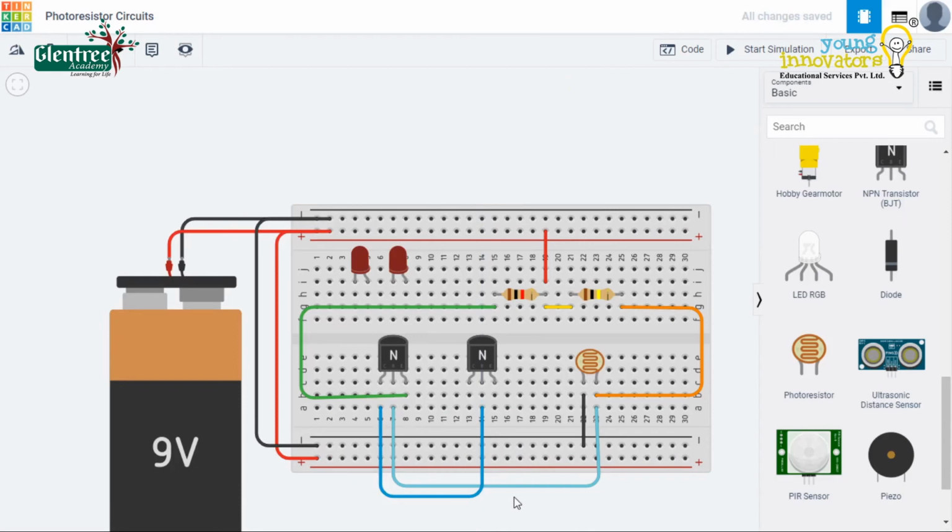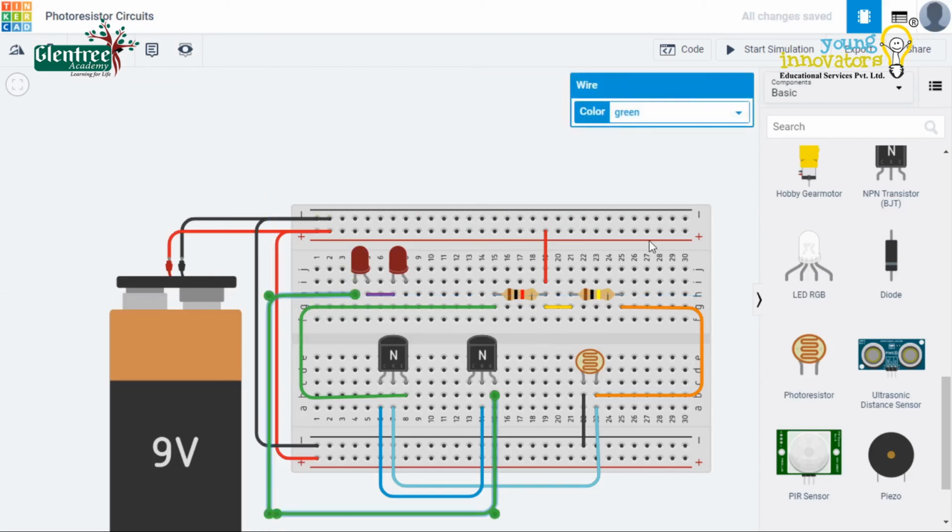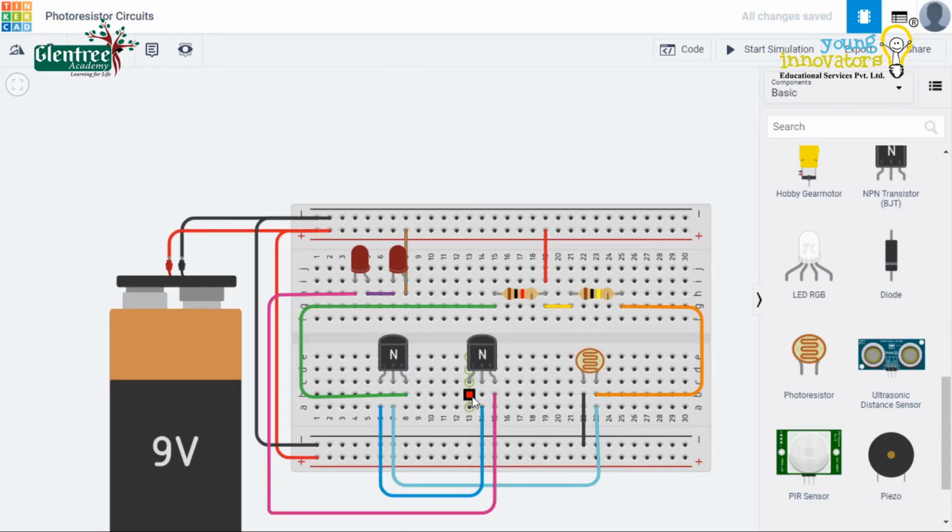The two LEDs used in the circuit are connected in series with each other, and the cathode is given to the emitter of transistor 1. The anode terminal is given to the positive end of the battery. The collector of transistor 1 goes to the negative end of the battery.